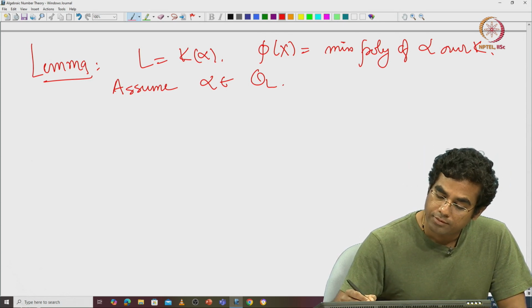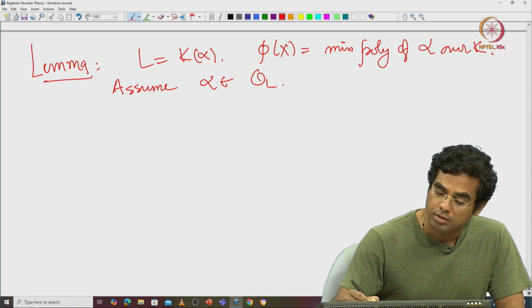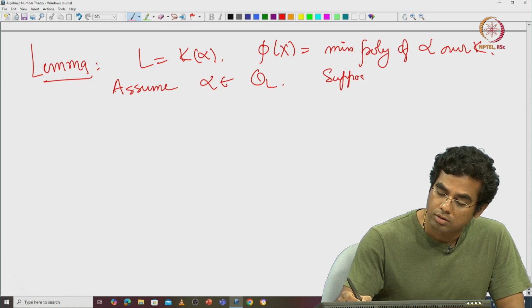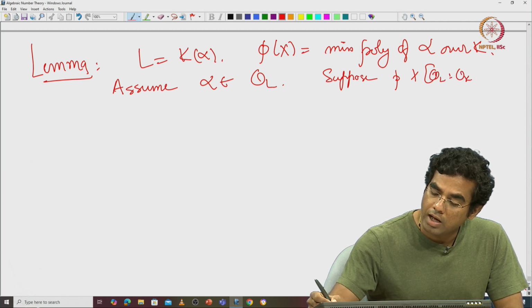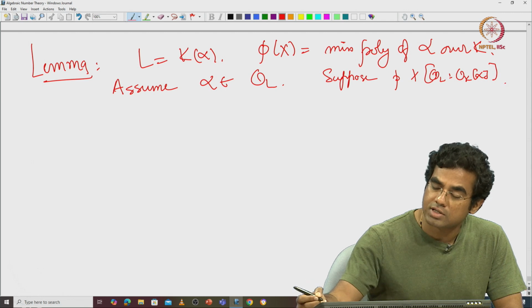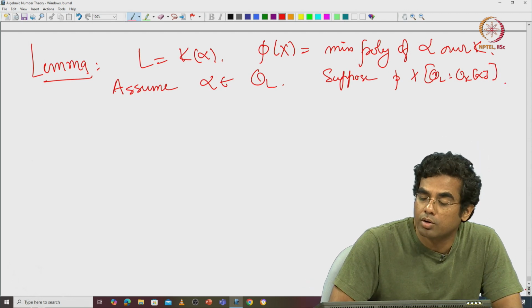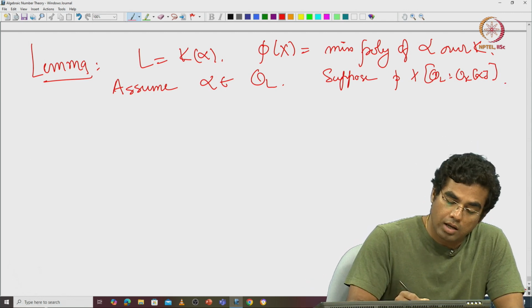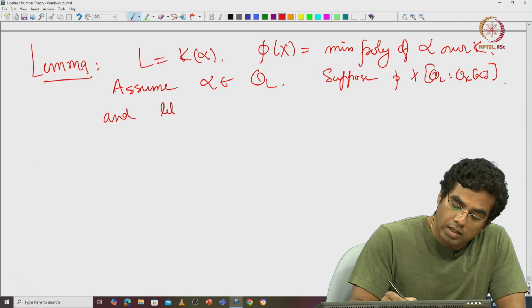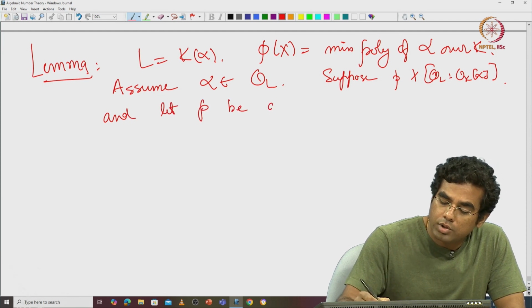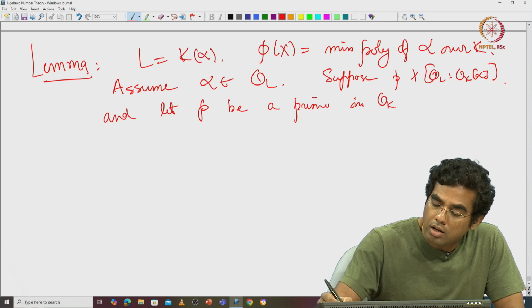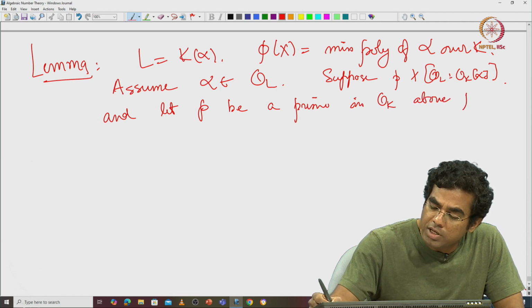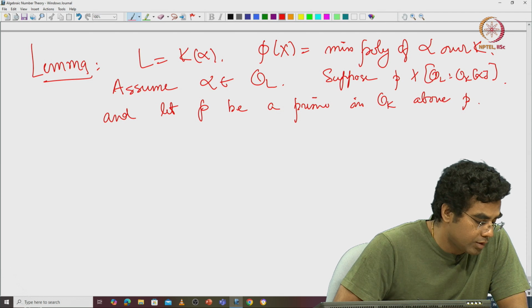Further, suppose p does not divide the index of O_K[alpha] in O_L. So, this is the extra condition that I was talking about, and let P be a prime in O_K above this rational prime p.